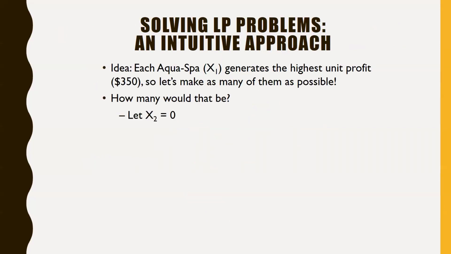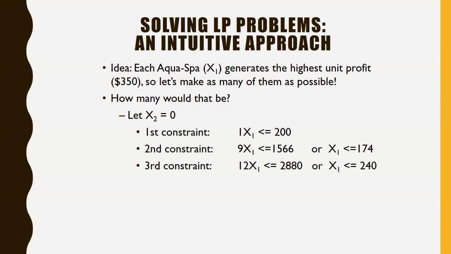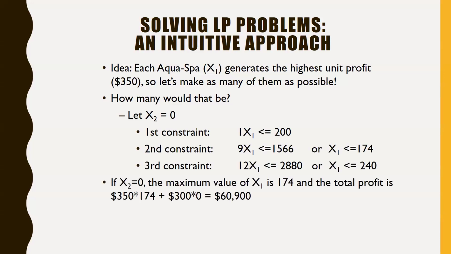For this case, we have many techniques. For the first one, the idea is to produce X1, because X1 generates the higher profit. Sometimes we assume X2 equal to 0. That means from the second constraint, X1 should be less than or equal to 174. If you produce only X1, you will produce only 174.